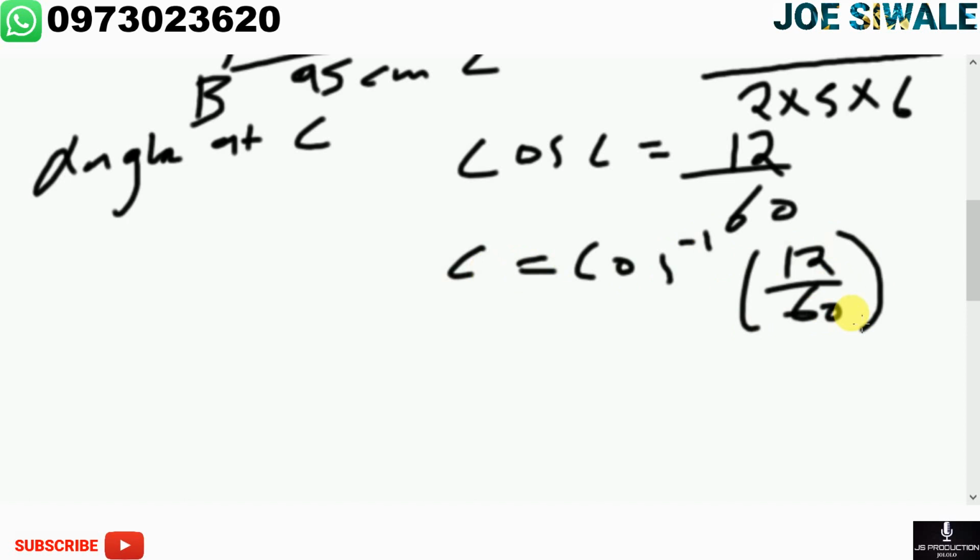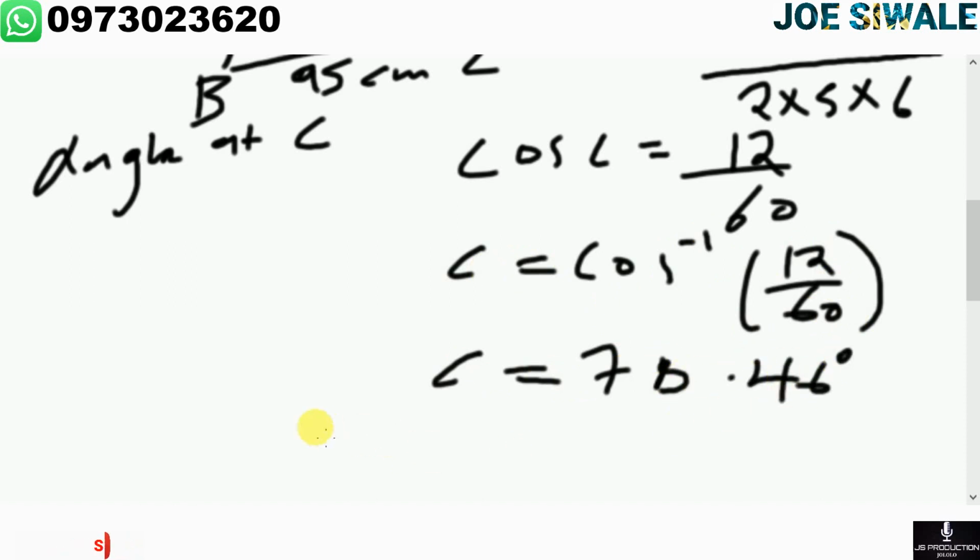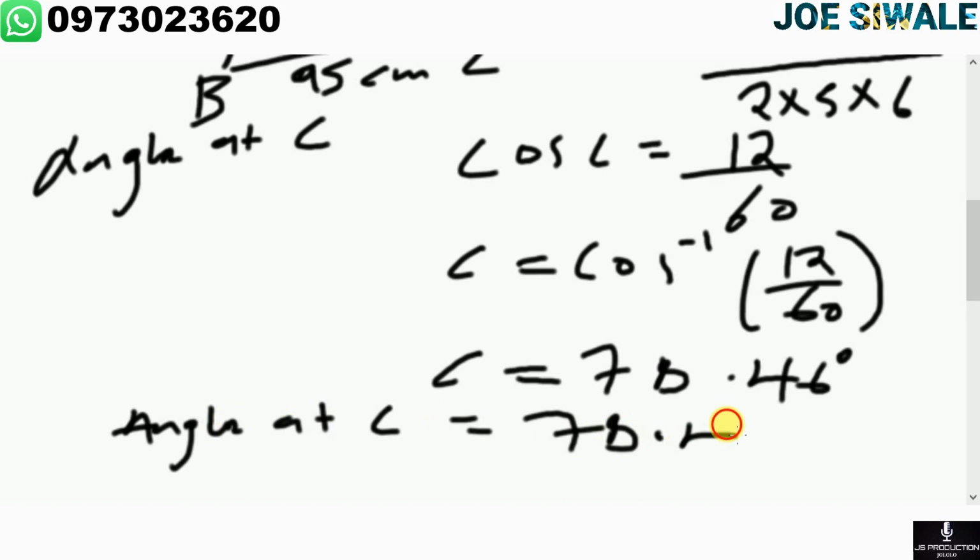That's 78.46 degrees. So here I can say the angle at C is equal to 78.46 if I round off to 2 decimal places.